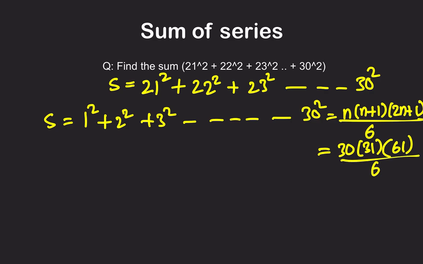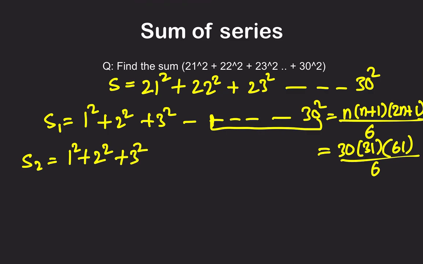I could find this easily. But I don't have a formula which can extract only this portion, 21 to 30. So for that, this is sum number 1. I'm going to take another sum. Sum number 2 is 1 square plus 2 square plus 3 square, but this time only up to 20 square.